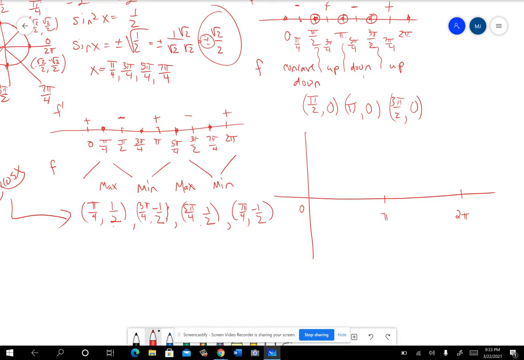Cut it in half would be pi. Cut that in half would be pi over 2. And then cut each of those in half. You're breaking pi into 4 units. So this would be pi over 4, 2 pi over 4, 3 pi over 4, 4 pi over 4, 5 pi over 4, 6 pi over 4. This would be 7 pi over 4. Okay?